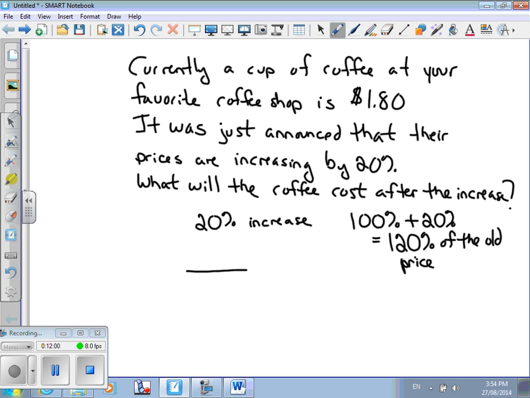Setting it up, our old price was $1.80. What we're looking for is the new price. And what we know about the new price after we've thought about it is that it's going to be 120% of what we were paying before, an additional 20%.